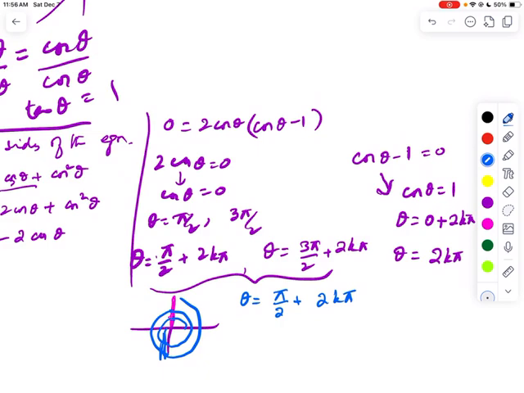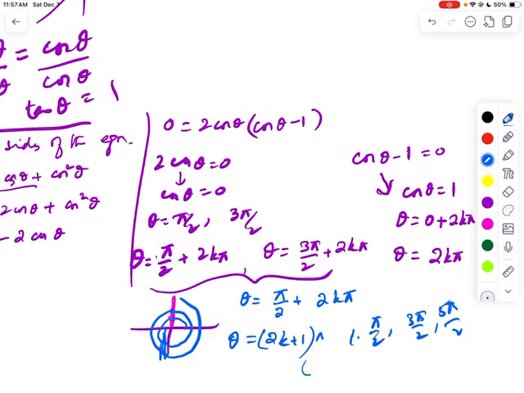So note the values I said: pi over 2, 3 pi over 2, 5 pi over 2, and so on. What is this? If you look at this list of numbers, these are odd multiples of pi over 2. So we can say that theta is equal to an odd multiple of pi over 2. How do we write it? We write it like this: 2k plus 1 times pi over 2.